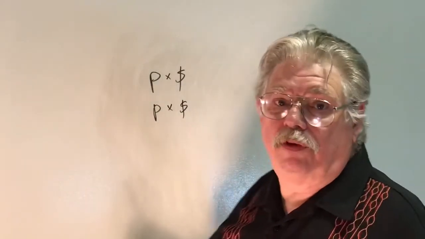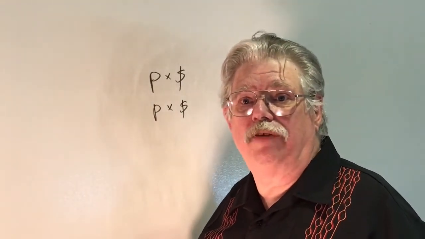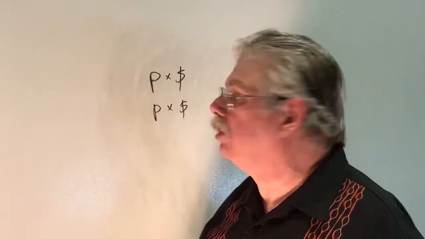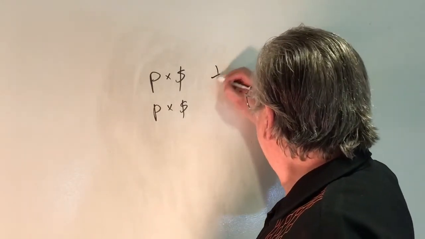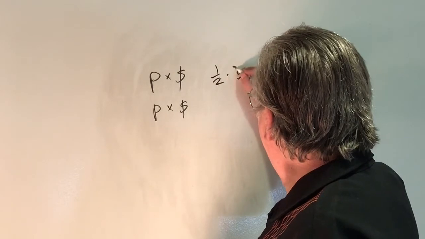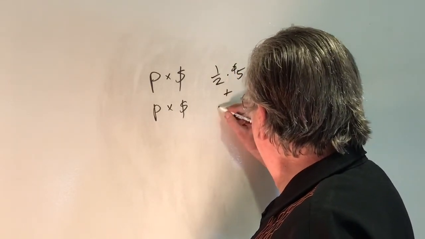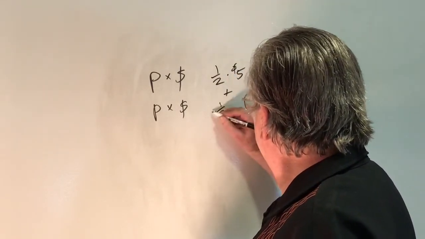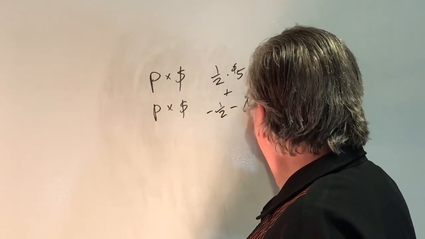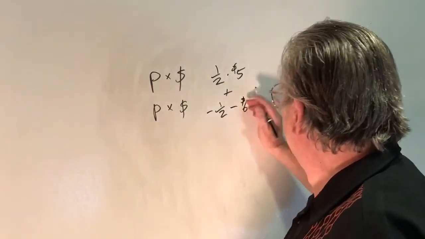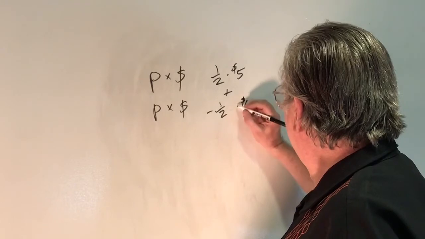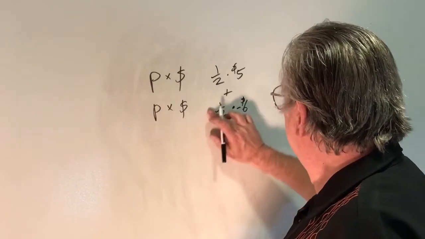Like, if you're flipping a coin and someone says they'll give you $5 if it's heads, but you lose $6 when it's tails, you're going to go, okay, that's a 1/2 times $5, plus a 1/2 times minus $6. You're losing $6.